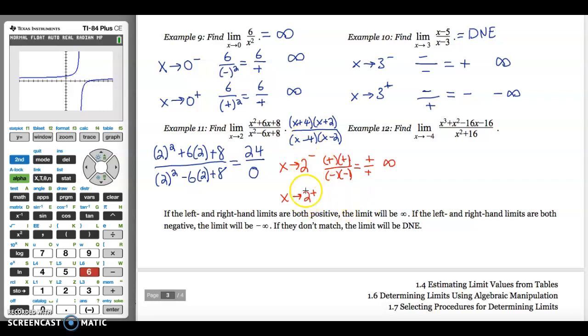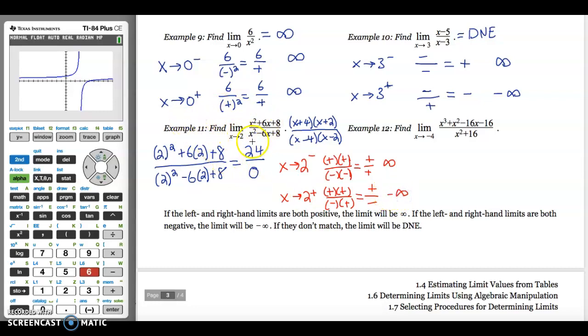So if I plug in like 2.0001, positive number, negative number, positive, positive, negative. And then 2.001 minus 2 here would be positive, so that's where the change is going to occur. So overall, you'd have a positive over a negative, which would be negative infinity.